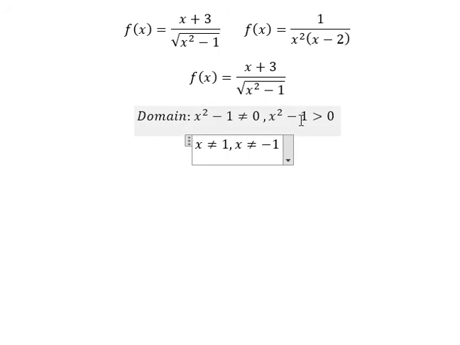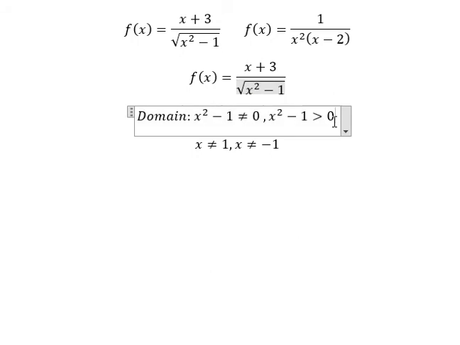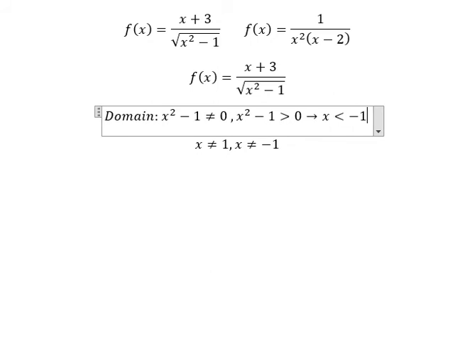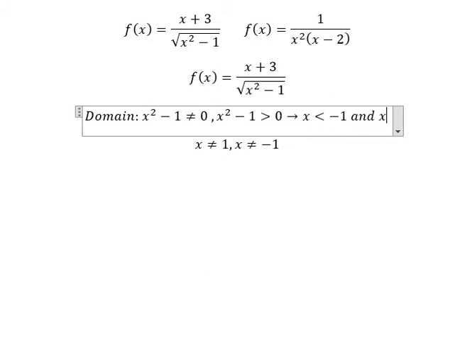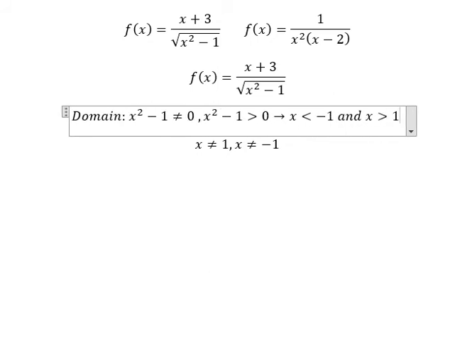Next, x squared minus 1 is greater than 0 because this is a square root. So if we calculate this, x should be smaller than negative 1 or x greater than 1.